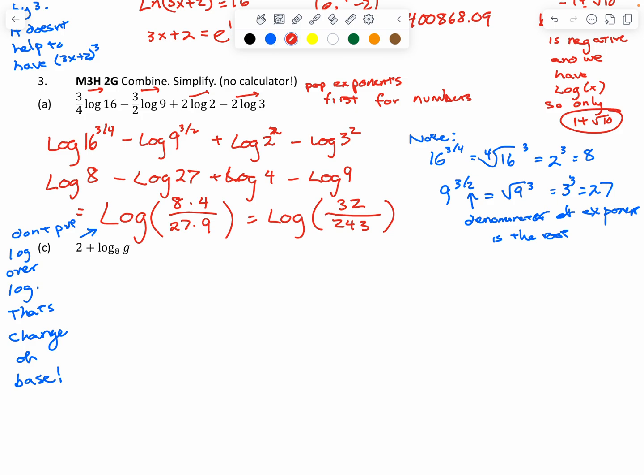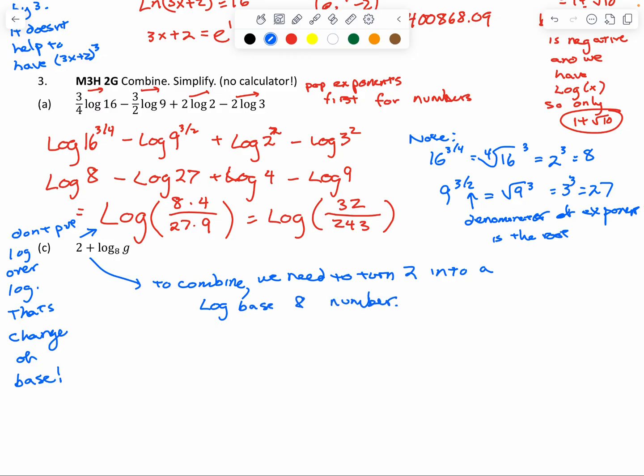Okay, so for this one, remember, logs give you the exponent.